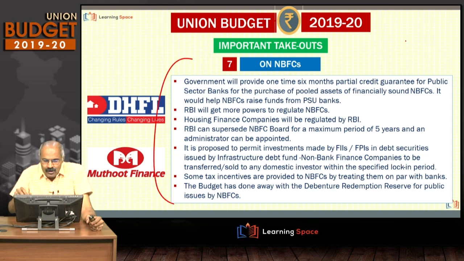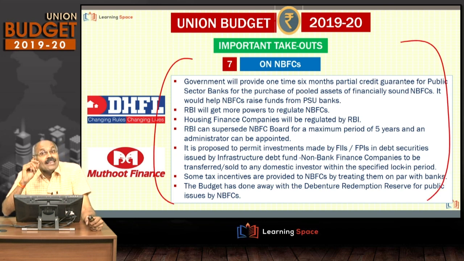Friends, these points may be important from your mains perspective also, because NBFCs are really into problems. Government will provide one-time 6 months partial credit guarantee for the public sector banks.